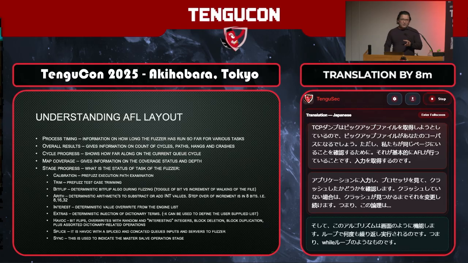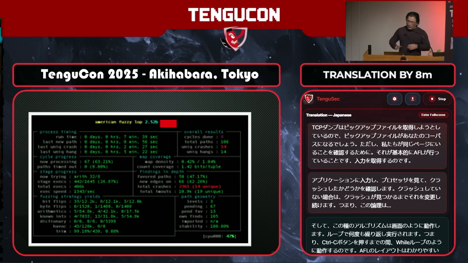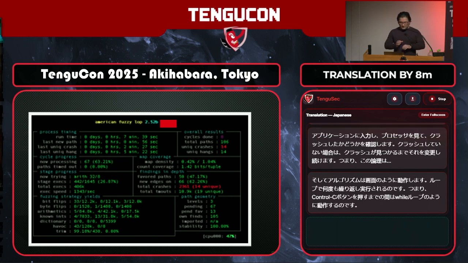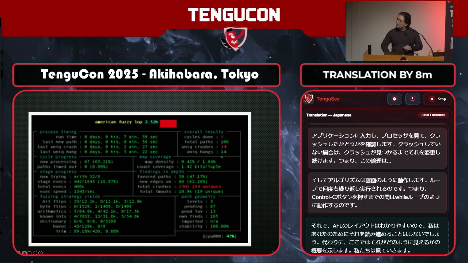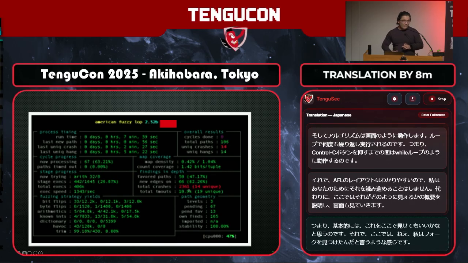So the AFL layout is straightforward, so I'm not going to read it out for you. Instead, here I have an overview of how it looks, and we're going to look at the screen as well. Here it says I found 14 crashes, and here it says I have 2,000 plus crashes, right?